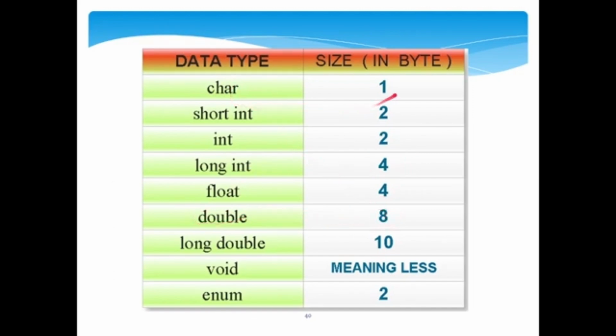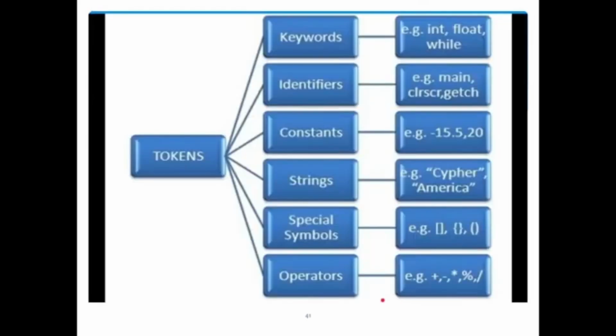And for character, it is 1 byte. Remember, character is 1 byte. Character is a single letter, and the memory allocated to it is 1 byte. Void is meaningless, as void doesn't contain anything. And enum is 2 bytes. We'll be learning about enum in the further sessions.